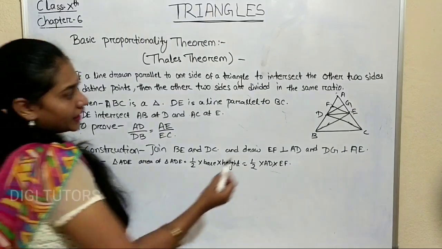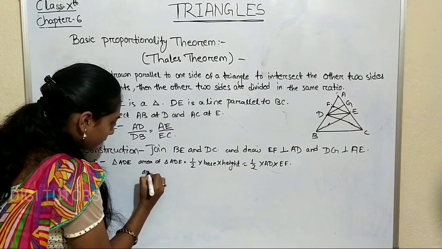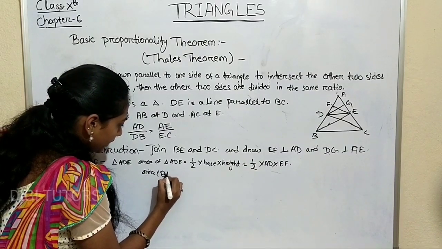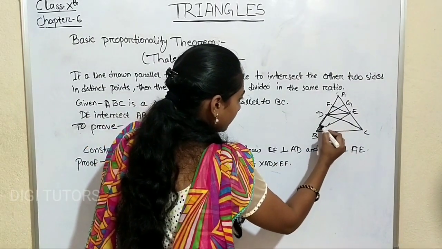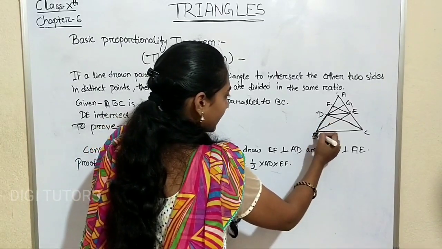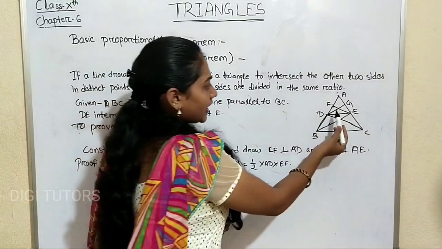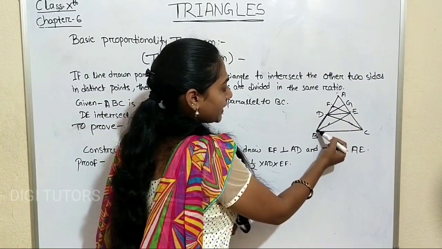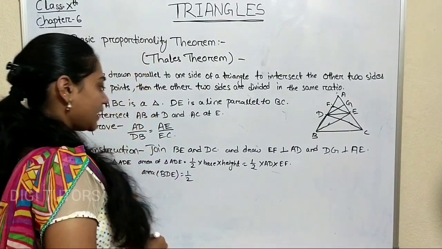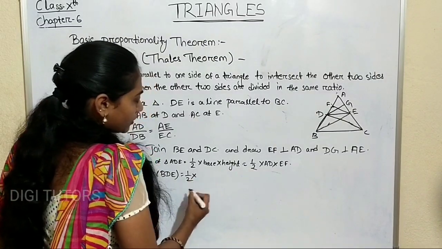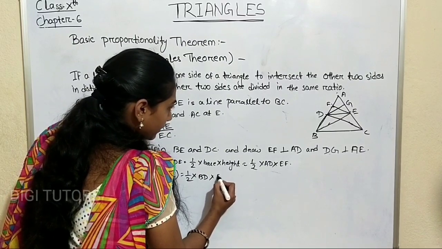Similarly, if we take triangle BDE, the area of BDE is equal to half into BD, this is the base of triangle BDE, and EF is the height. We can see that EF is not inside triangle BDE but on the external side of it, so we can take that as height. So here half into BD into EF.